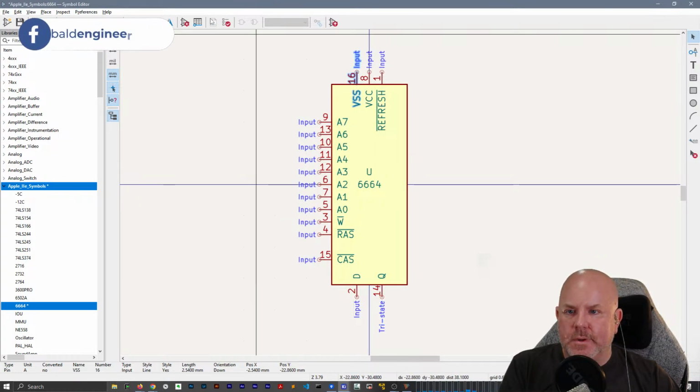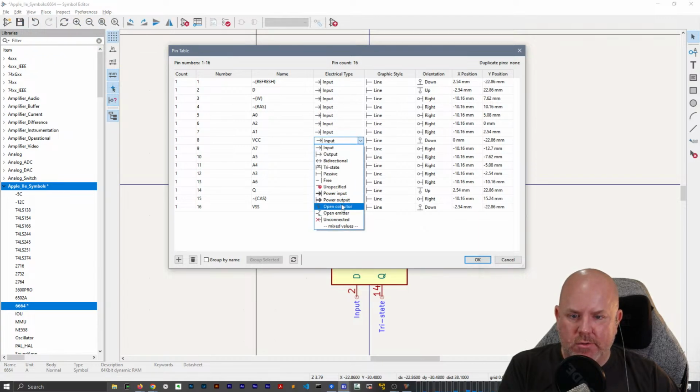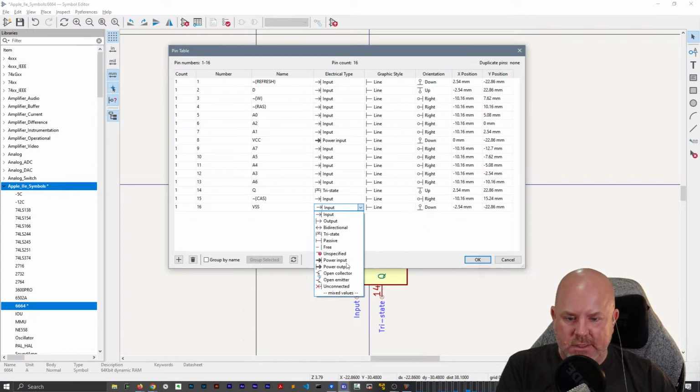All right, so let's go back to our pin table. Refresh input, D is an input, write is an input, RAS is an input, address are inputs, VCC is a power input, address are all inputs. Q I'm naming tri-state because it should be tri-statable. CAS is an input, and then VSS or ground is a power input.